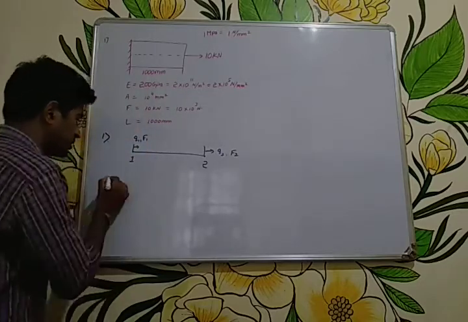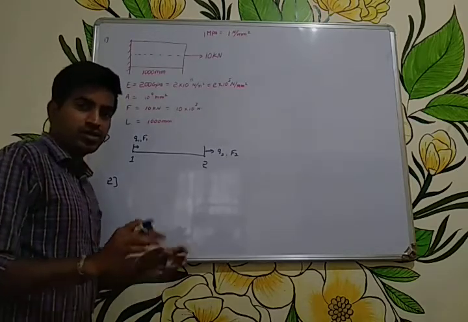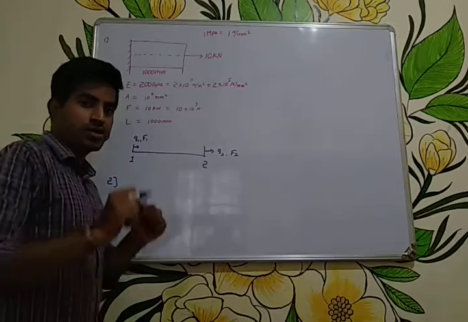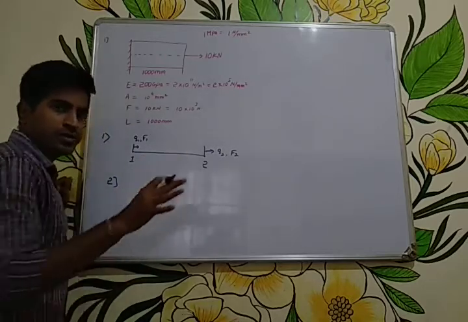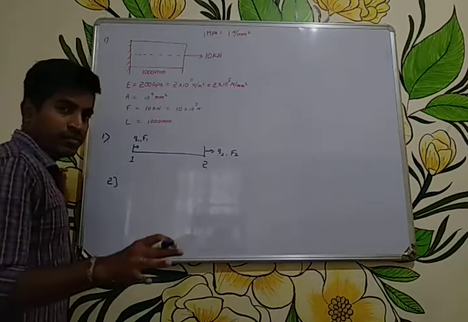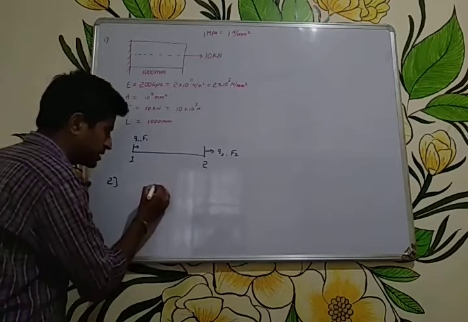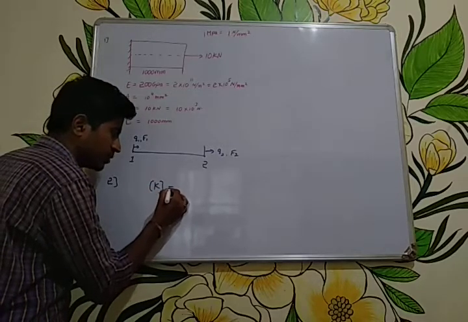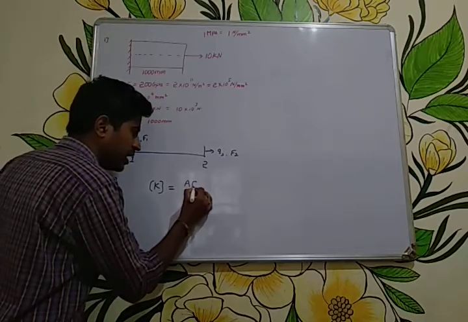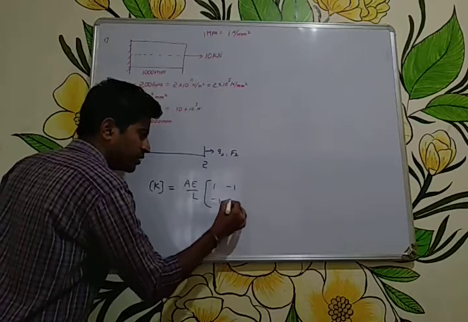Then the second step is to find the elemental stiffness matrix. This we have studied in the steps involved in FEM. For the time being, just remember that the stiffness matrix for a bar element, denoted by K, is AE by L times [1 -1; -1 1].